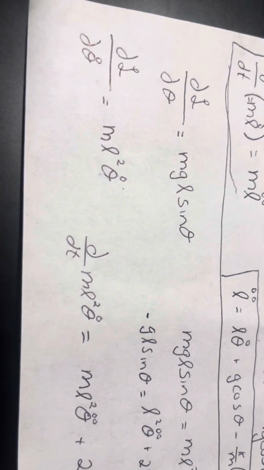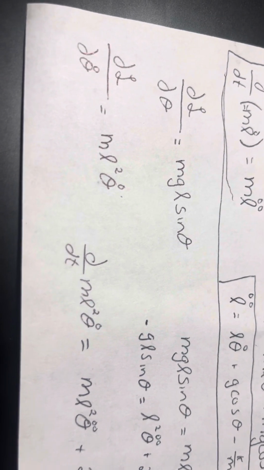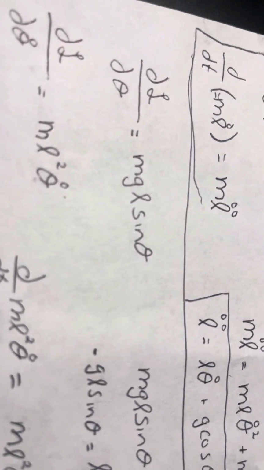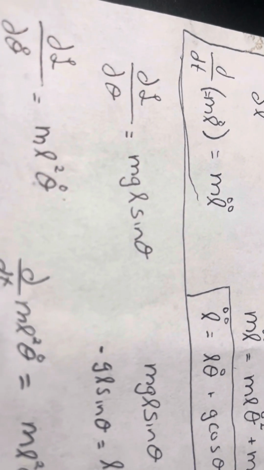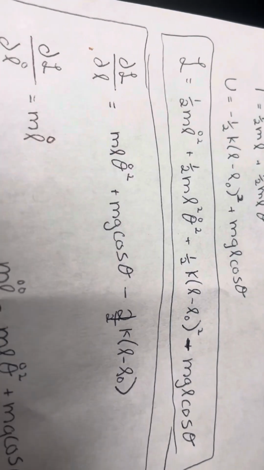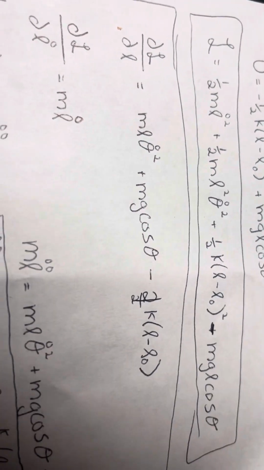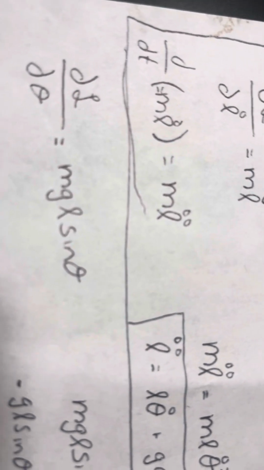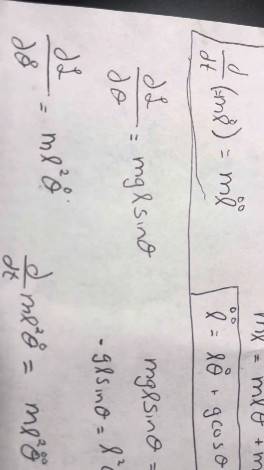And then for the second part, finding the motion for theta double dot, you start off with the left-hand side, which is the partial derivative of the Lagrangian with respect to theta. You see that theta only pops up once in the equation at the very end, as minus mgl sine theta.